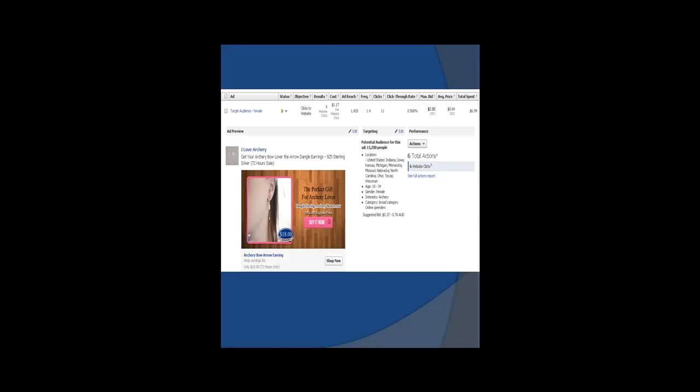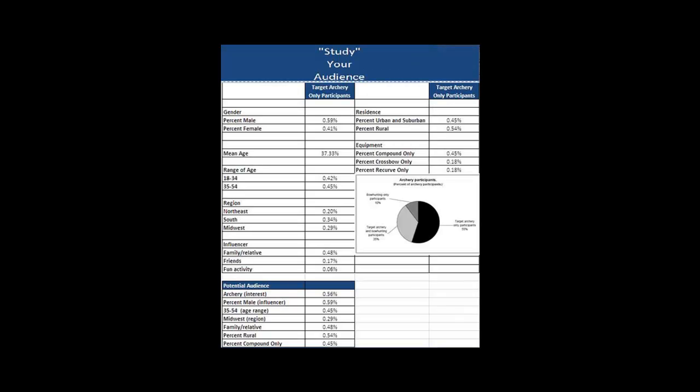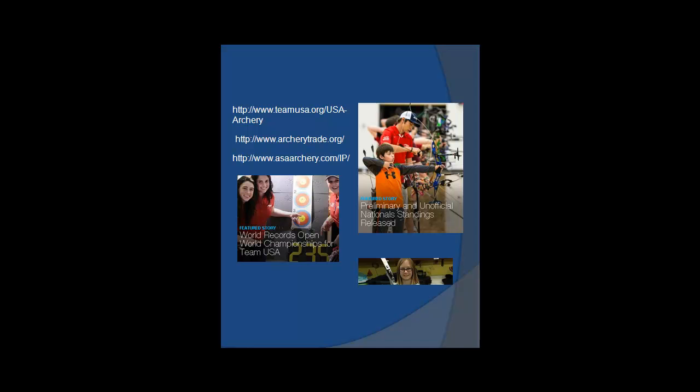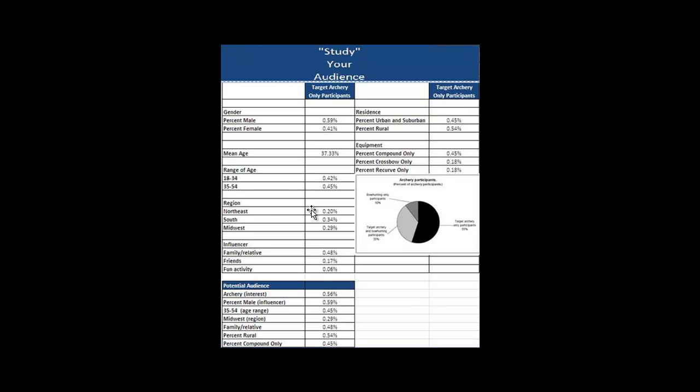Now, even though I had the stats data right in front of me, I still didn't listen to it. And then for the second one, I looked at my data again. It says the population of male is 59%, and 45% of them are between 35 and 54.